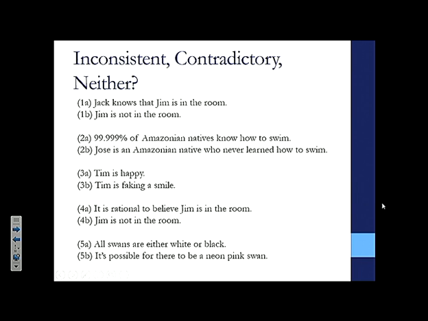So in asking whether or not 5A or 5B are inconsistent, we're asking if they're true, is there a contradiction that follows? If they were true. And if the answer is yes, then, well, they're inconsistent just by definition of inconsistency.